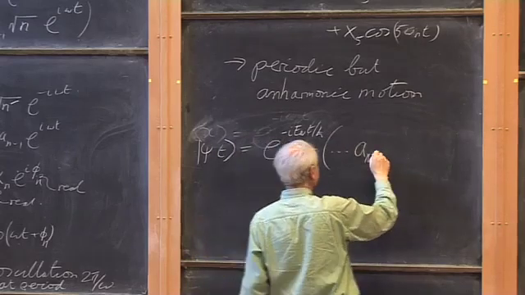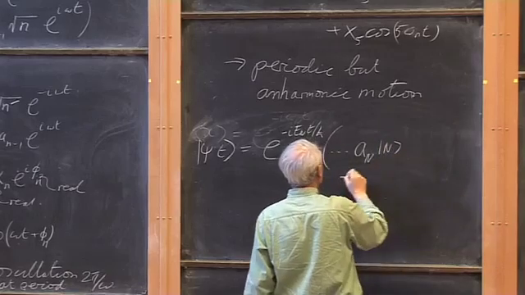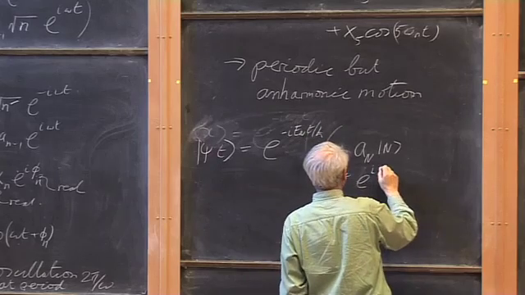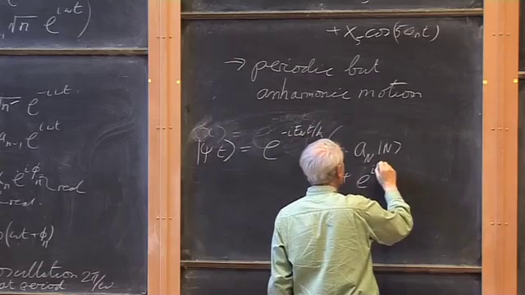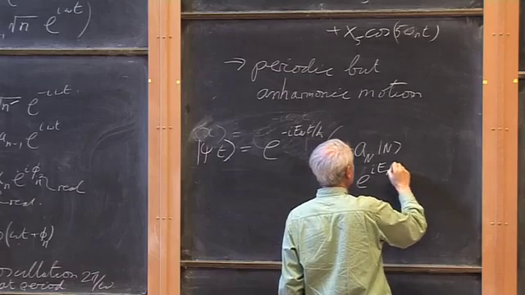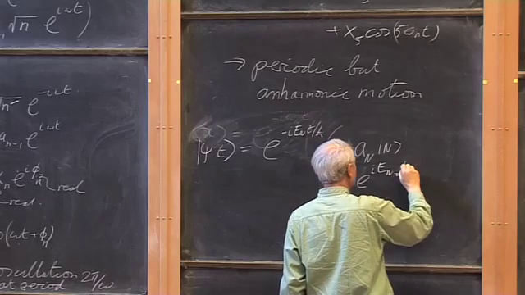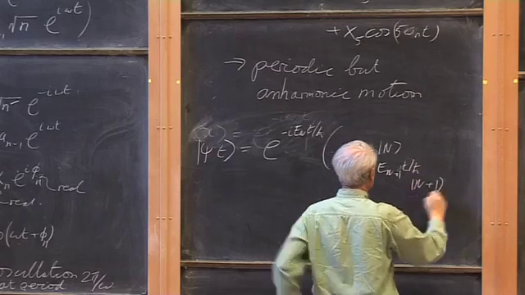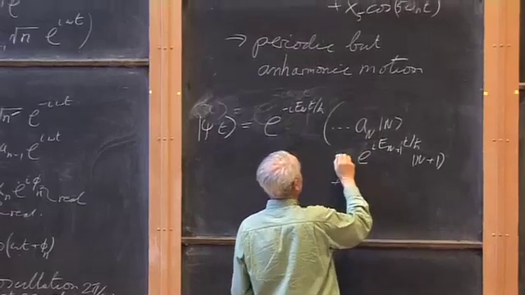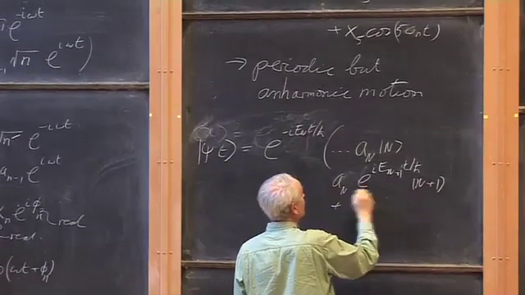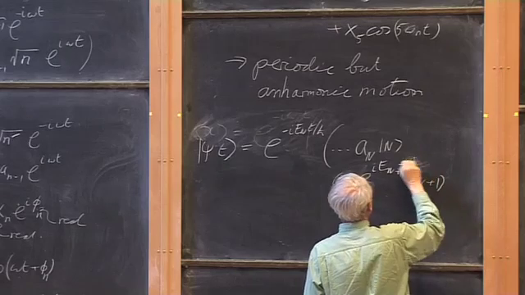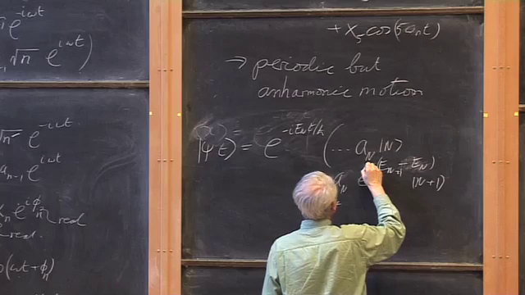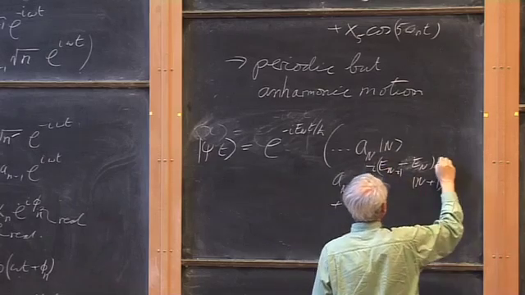a_n, plus e to the minus i (E_n+1 minus E_n) t on h bar times a_n+1. Sorry, I need a minus sign there, and I need a t on h bar there.